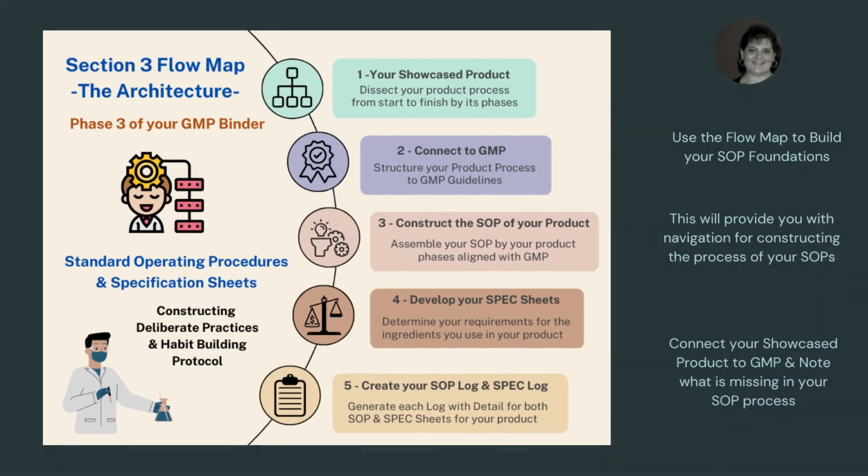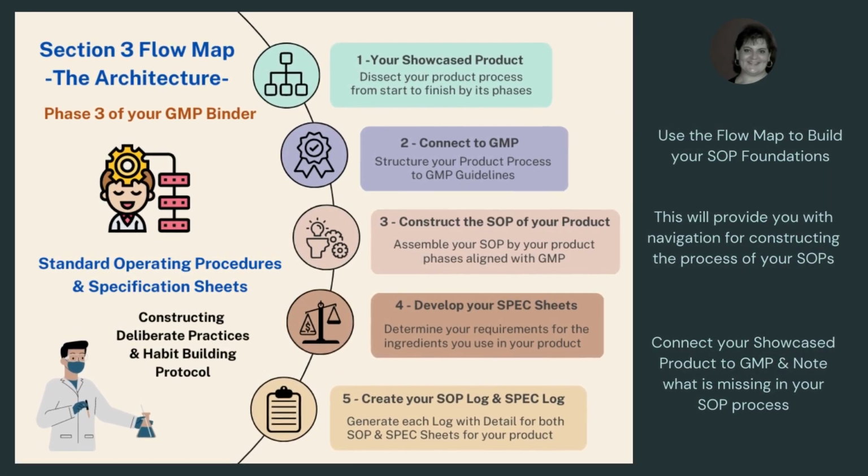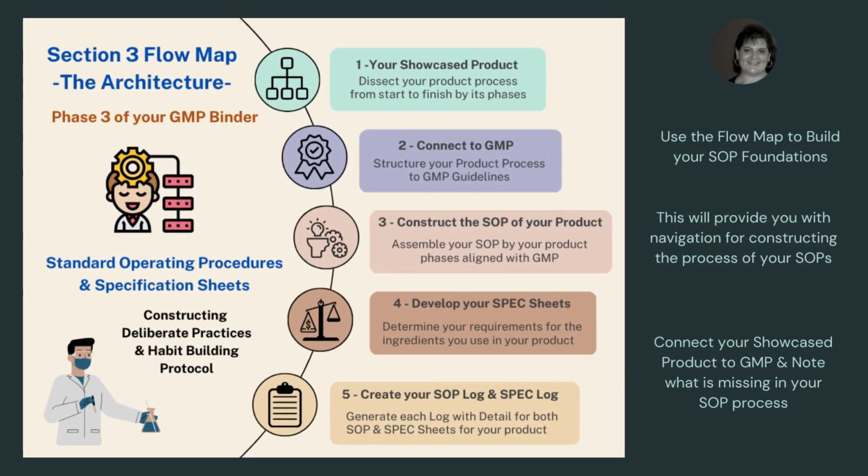Now I've created for you a flow map to construct the architecture of your SOP. Now use this flow map to construct your process and to navigate through writing the phases of your SOPs and your spec sheets. So first, take your showcase product and then dissect its processes from start to finish.